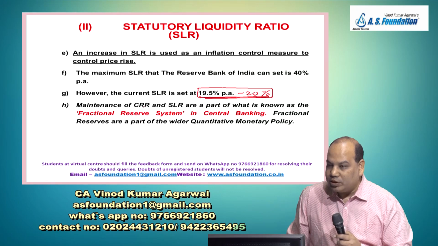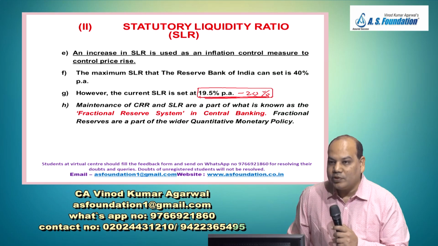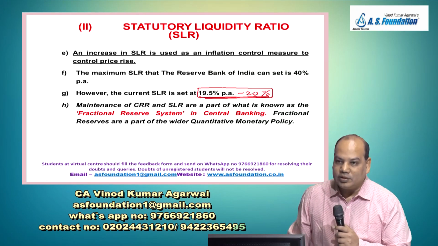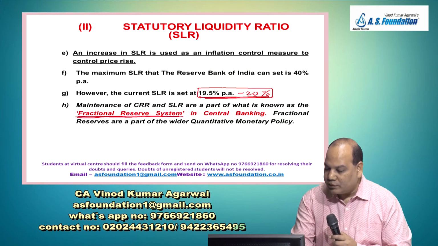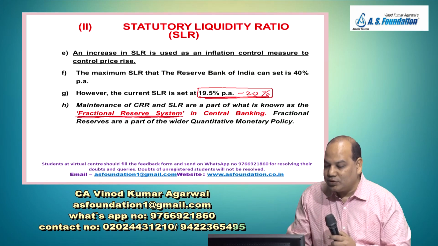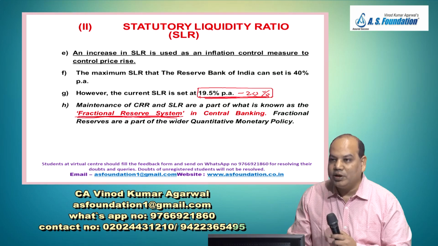Then maintenance of CRR and SLR are part of what is known as the fractional reserve system in the central banking. So underline fractional reserve system. What is fractional reserve system? Banks have to maintain a certain CRR and SLR. Fractional reserves are a part of the wider quantitative monetary policy.